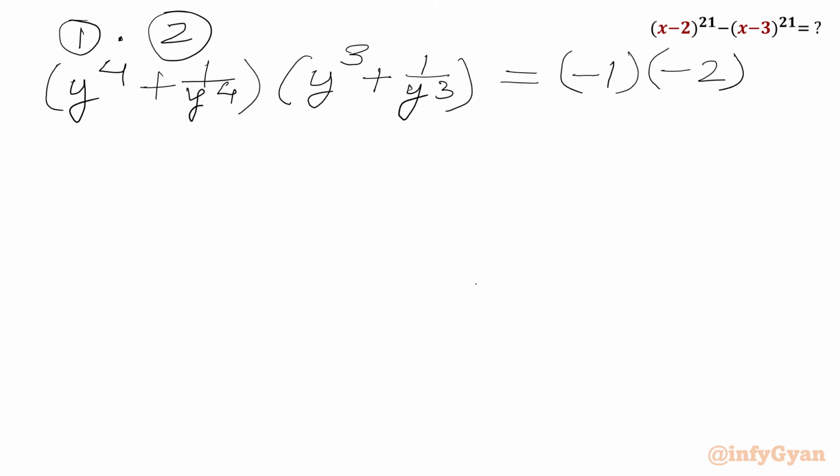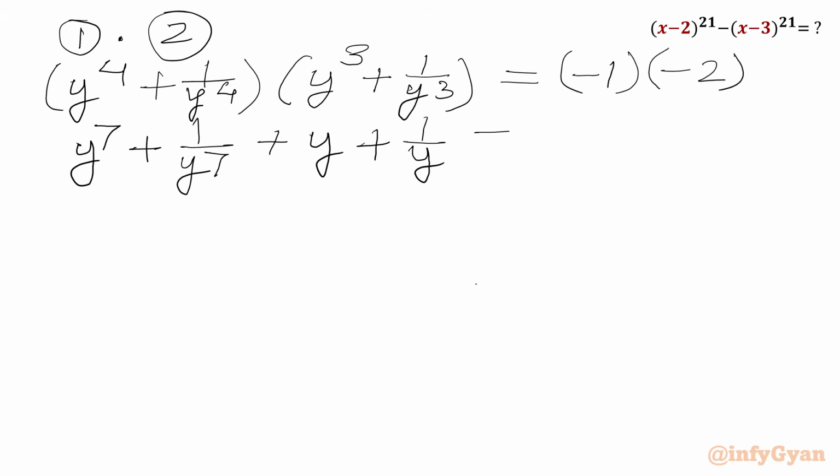Now we have to multiply term by term. y power 4 times y cube is y power 7. 1 over y power 4 times 1 over y cube gives 1 over y power 7. Plus y power 4 times 1 over y cube is y, plus 1 over y power 4 times y cube is 1 over y, and the RHS will be 2.